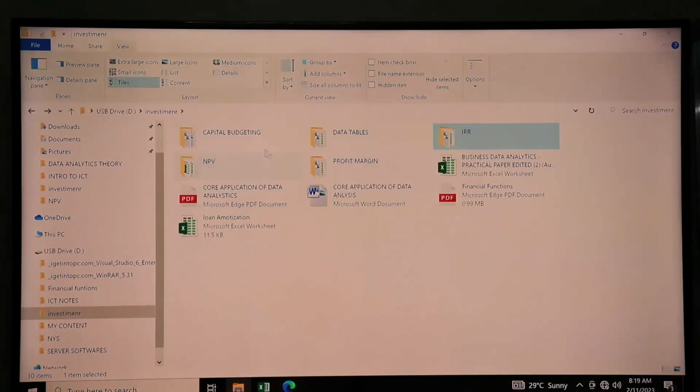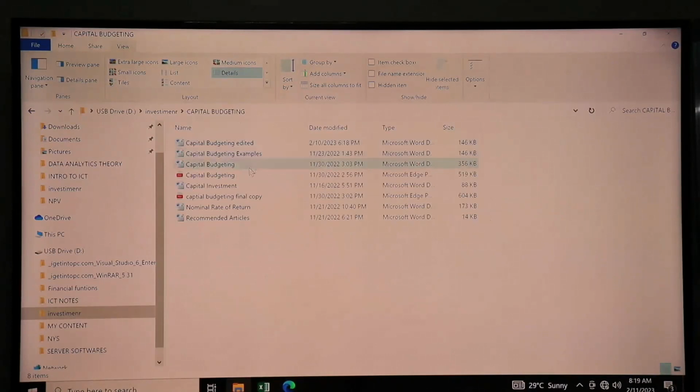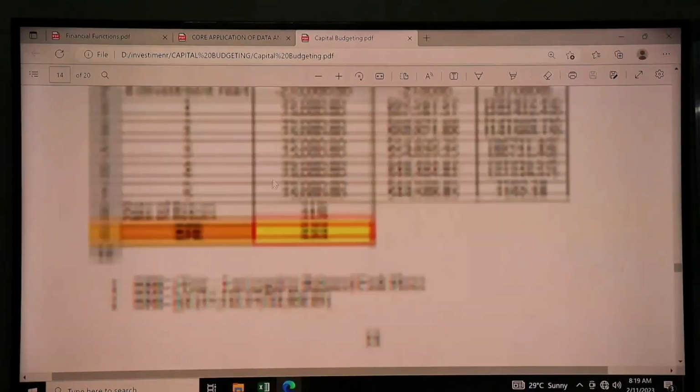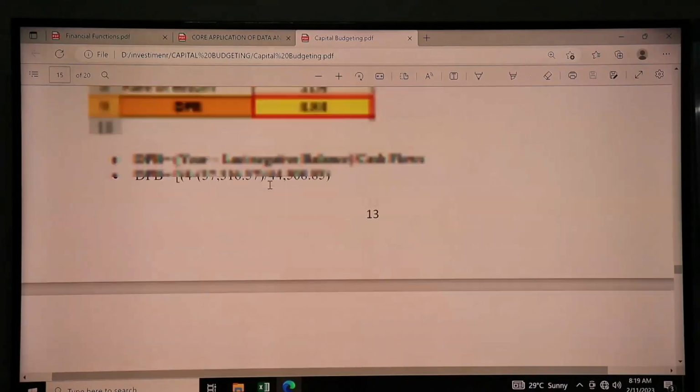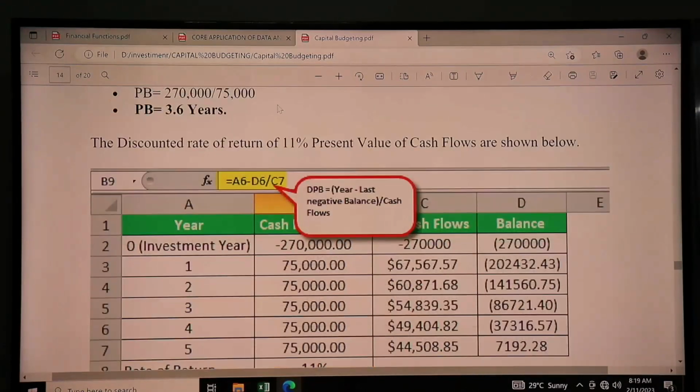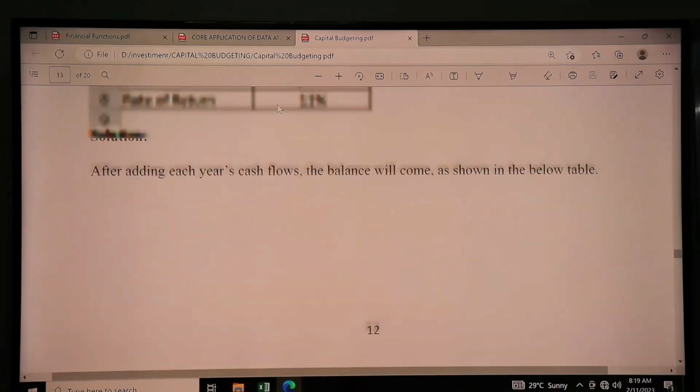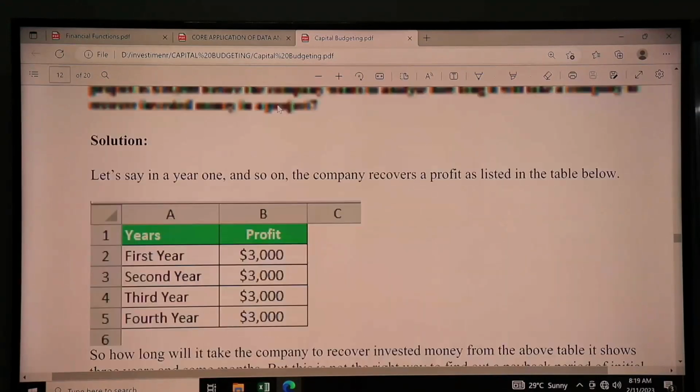So there are other ways of confirming whether our project is worth it or not. Like we said, we have methods like the payback period, which we are going to see over here.